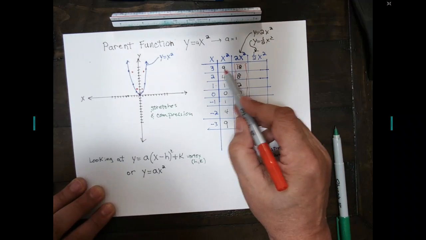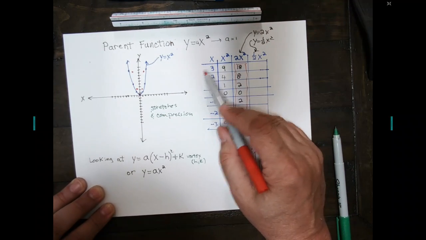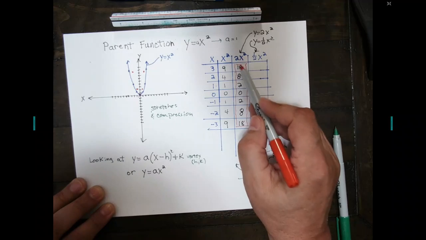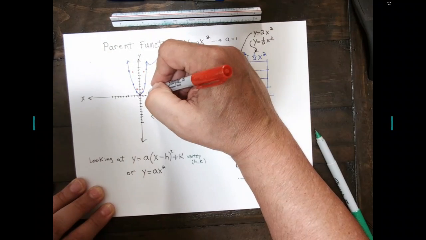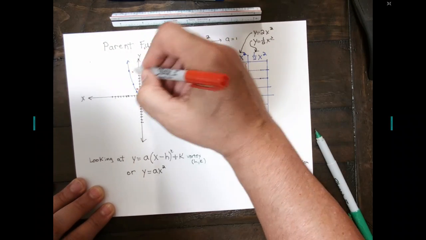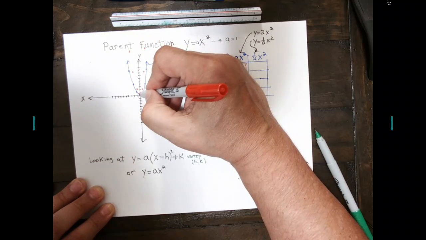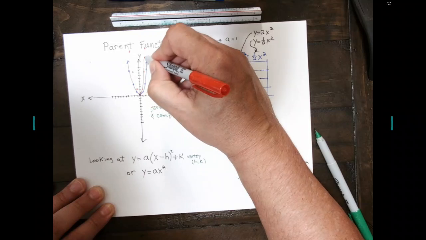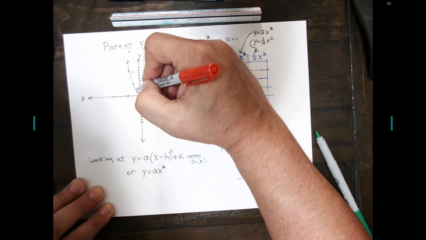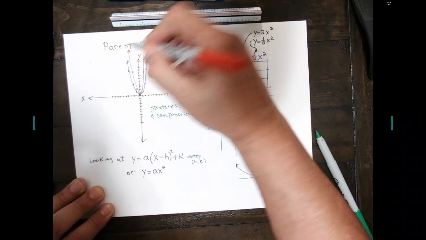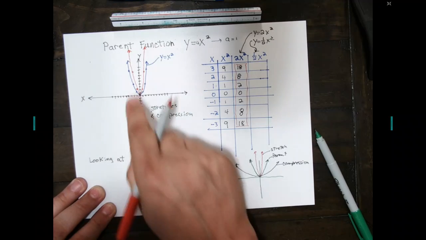And at x equals 3, I get 2x squared is 18, so that's way up here somewhere. Then I can sketch my parabola through these points. And what you'll see is it's taller and skinnier.